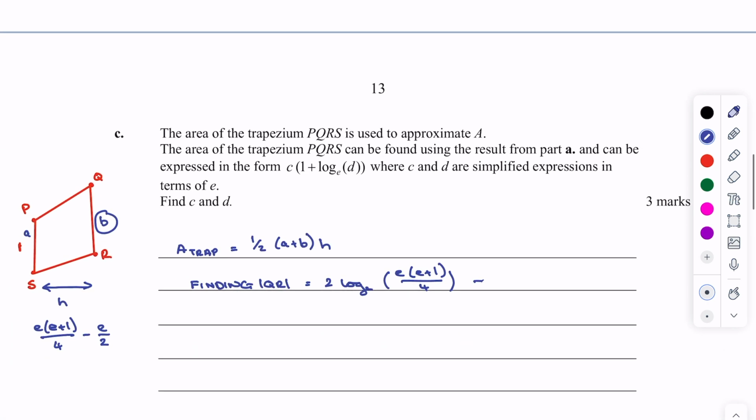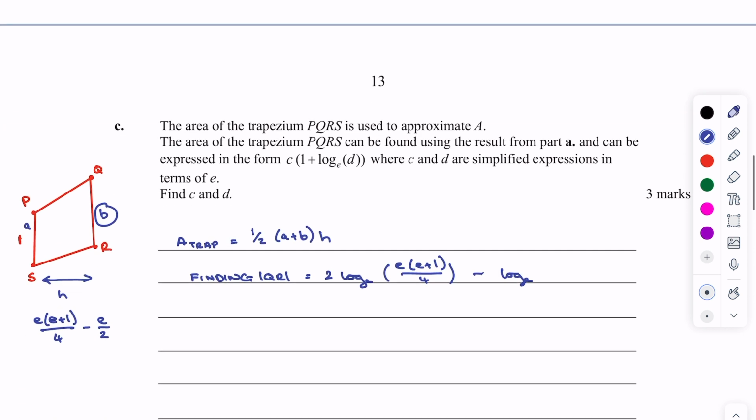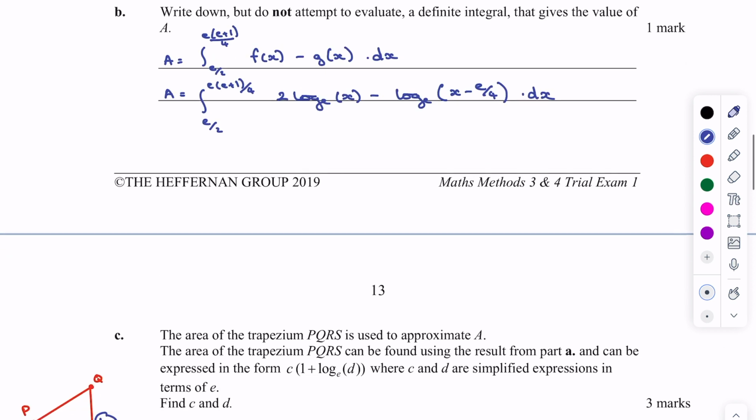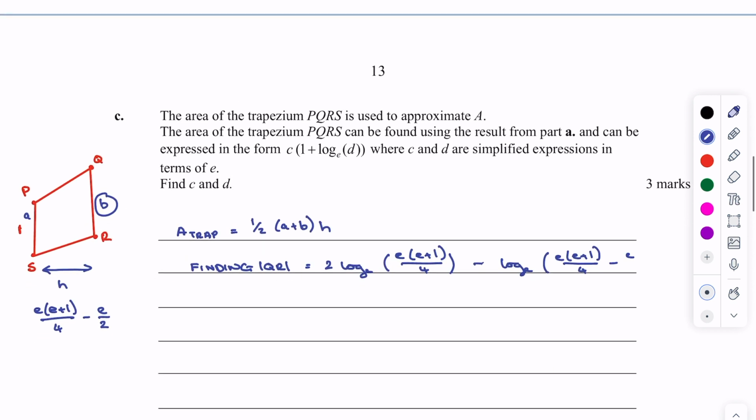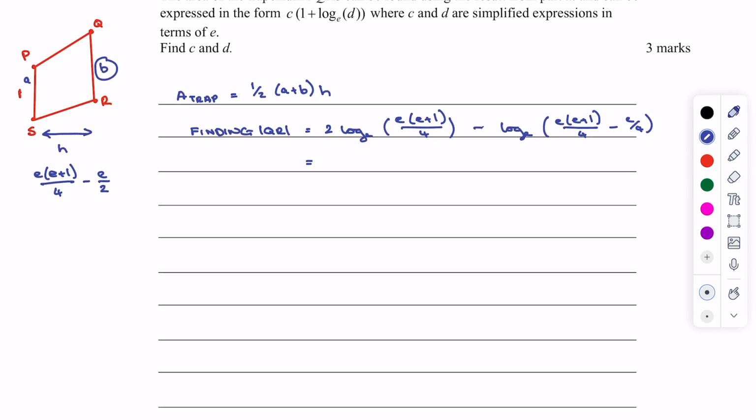So that's going to be log e, and if I refer to it, minus e on 4. So I'm going to evaluate this now.